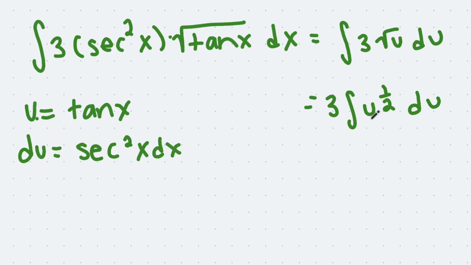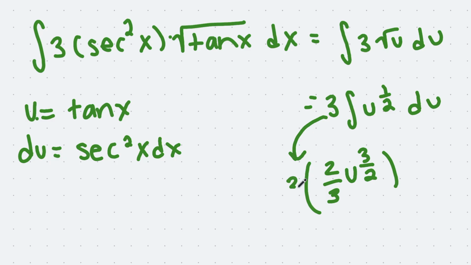We can now integrate u to the 1/2 to get u to the 3/2 times 2/3 multiplied by the 3 here plus c. We will first simplify this to get 2u to the 3/2 plus c.